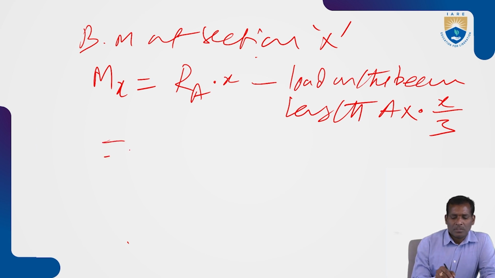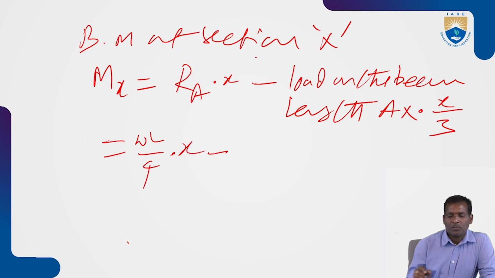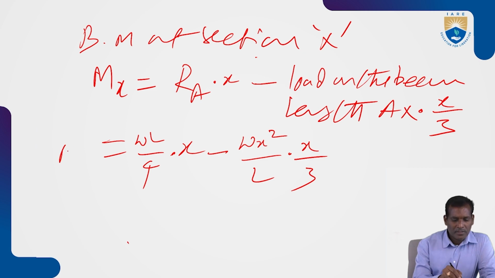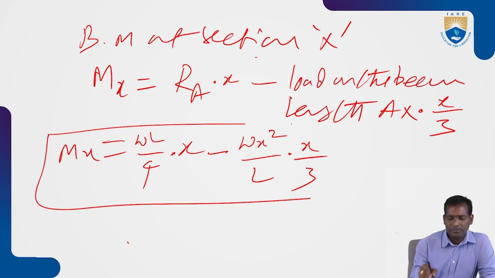So now substitute RA as WL by 4 multiplied with x minus the load on the beam length AX, which is WX square by L, multiplied with x by 3. This is the bending moment equation.